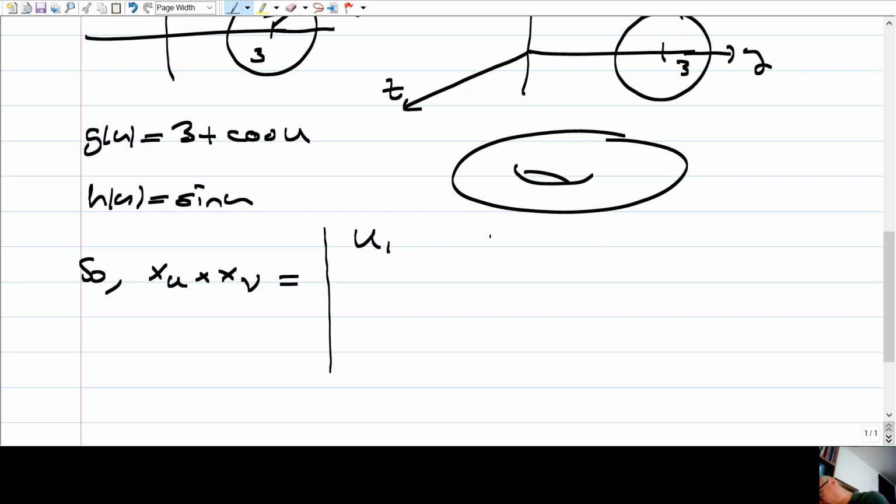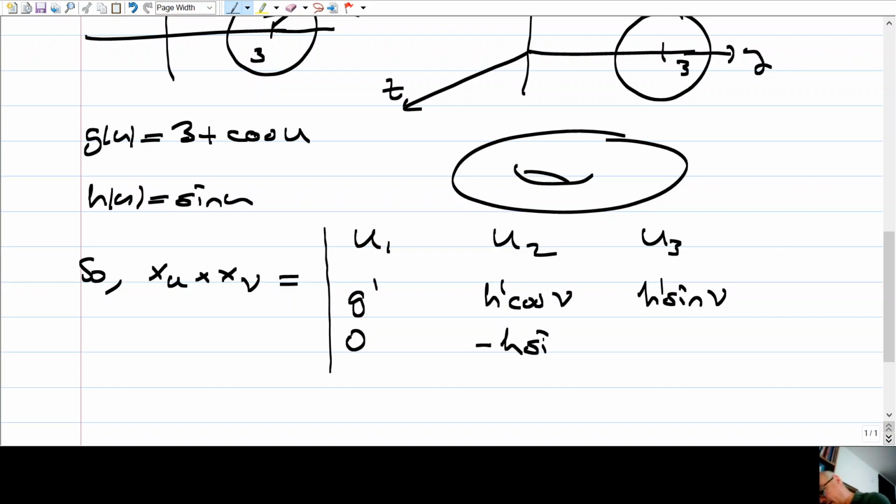Here I have i, j, k, and then g prime, h prime cosine v, h prime sine v, and then 0, minus h sine v, and then h cosine v.